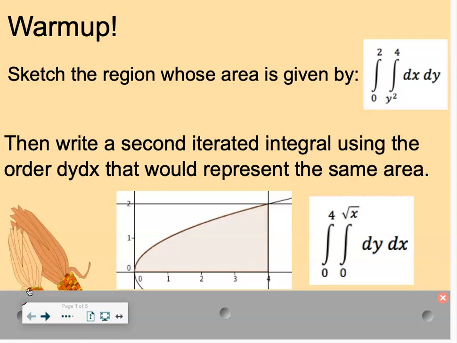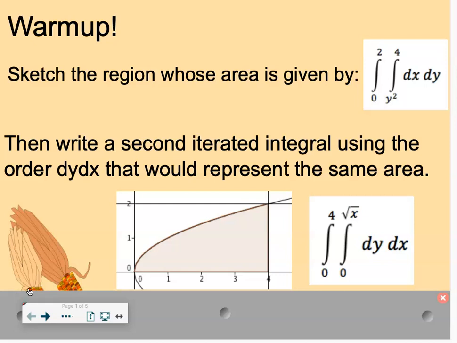I'm a little confused on why you all thought that x or y equals 2 sliced off the top here, because I'm pretty sure that you know that 2 squared is 4. So something went awry on several of these graphs. Anyway, this is the graph. This is the region we're talking about.